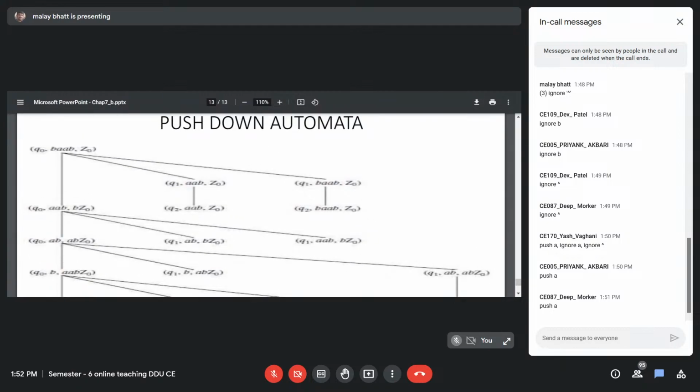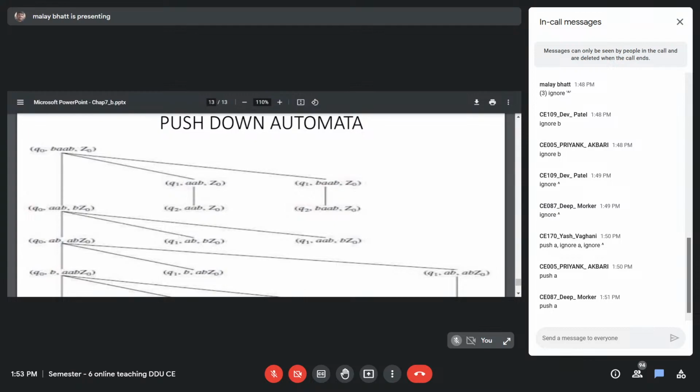So again, we have three possibilities: the leftmost branch, middle branch, and the rightmost one. In the leftmost one, we are pushing a third symbol on the stack. In the middle one, we are ignoring the A. So it is Q1, B, AB, Z0, and it will crash there. And the third branch, which is our actual branch, because it is an even length palindrome.